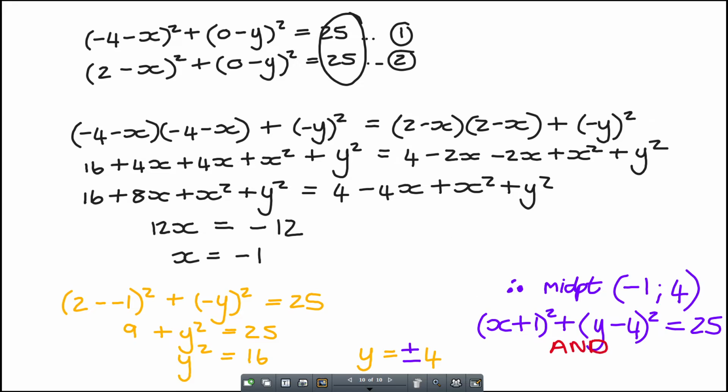En dan kom ons skryf hom sommer, ek gaan hom nou hierso so skryf, plus minus, né? So your second option, x plus 1 squared plus y plus 4 squared. So dan moet ons nou maar al 2 gee. Alright. Ja. Dit of daai, ja.